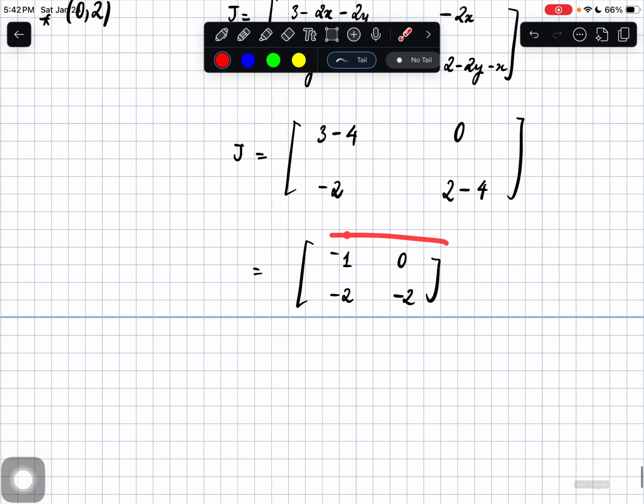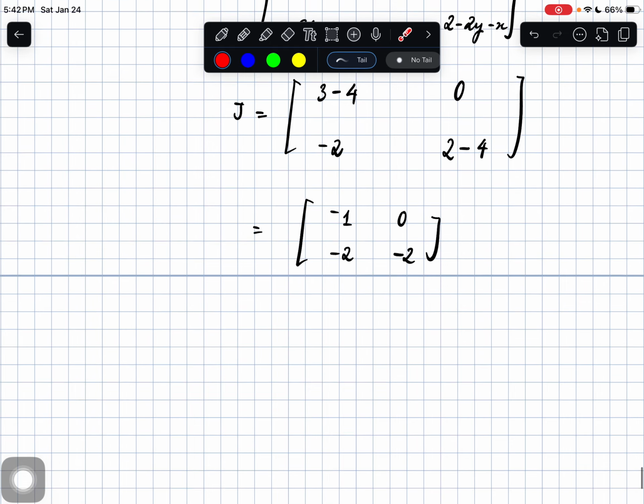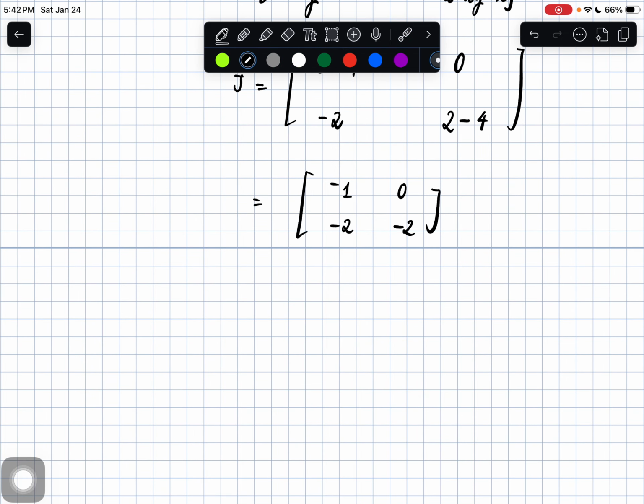Now we have a triangular matrix. We know for sure lambda 1 equal to -1, lambda 2 equal to -2.